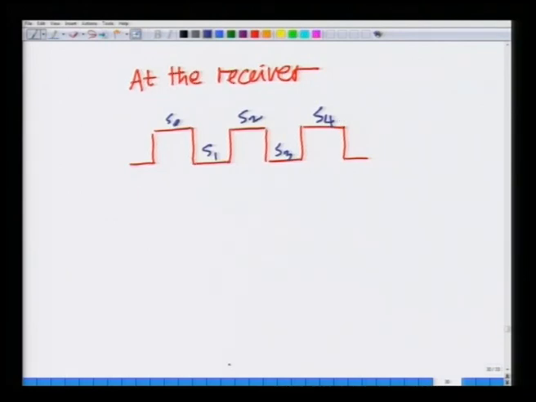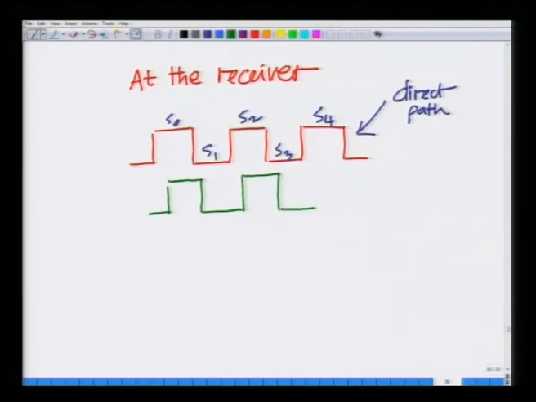So, this is one of the copies of the signal which is arriving from the direct path. Then I have another copy of the signal which is arriving at a slight delay. Look at this second signal, which also contains S0, S1, S2, S3, S4.